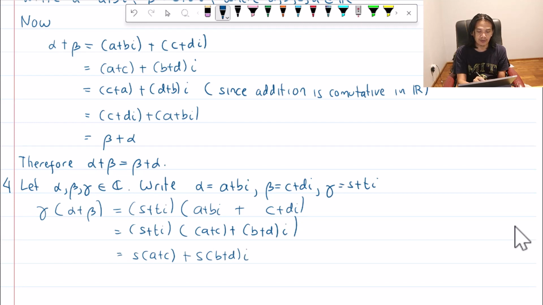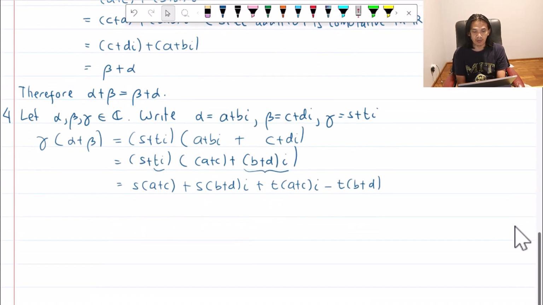and then we distribute this ti to a plus c, t times a plus c times i, and then we multiply ti and b plus d times i. And remember that i times i is equal to i squared, which is -1. So this is equal to minus t times b plus d, something like that.